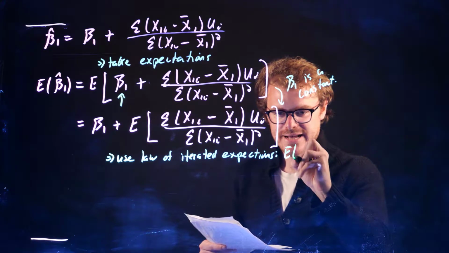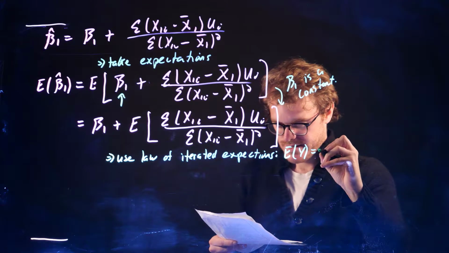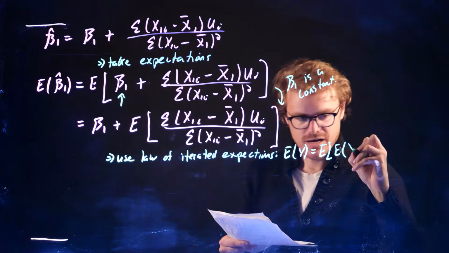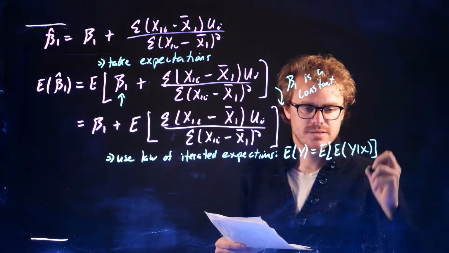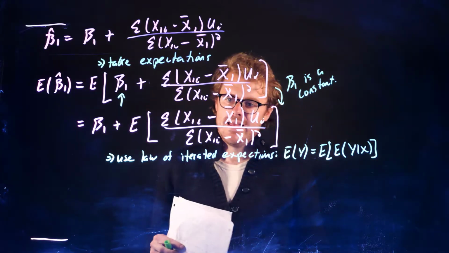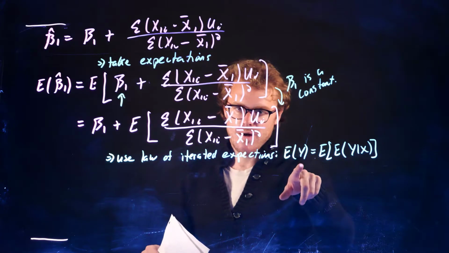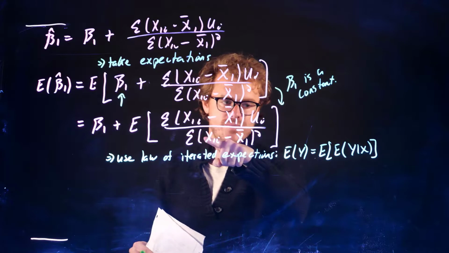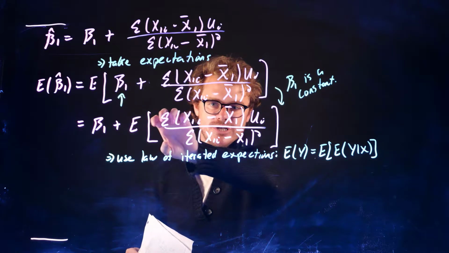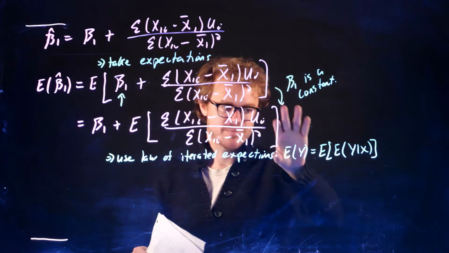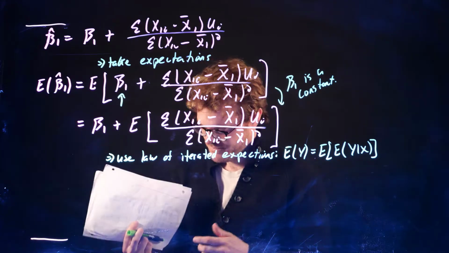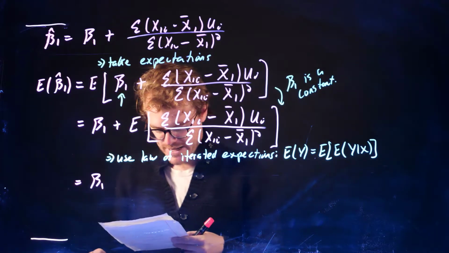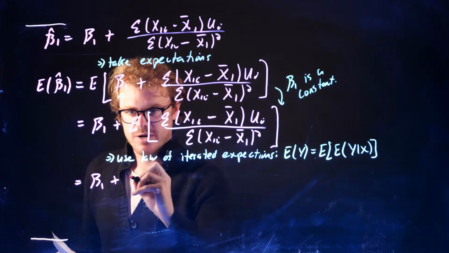But the idea here is the expectation of y is the expectation of the expectation of y given x. And so we're going to apply that to this term. So the expectation in this term is the expectation of this with respect to x. So I'll just write out what we have here. We're going to apply that rule.